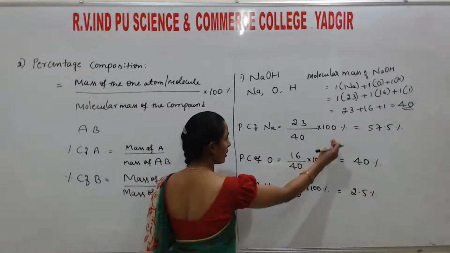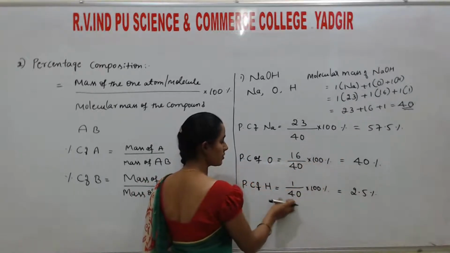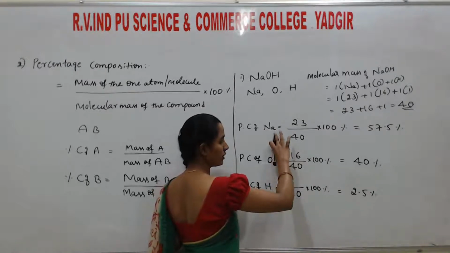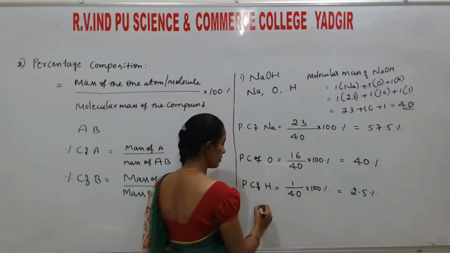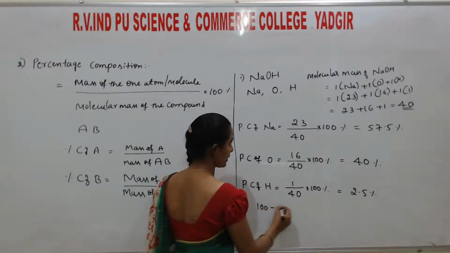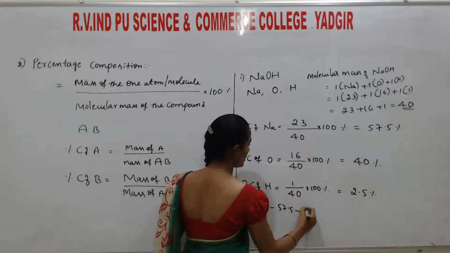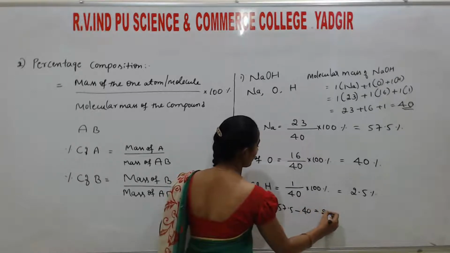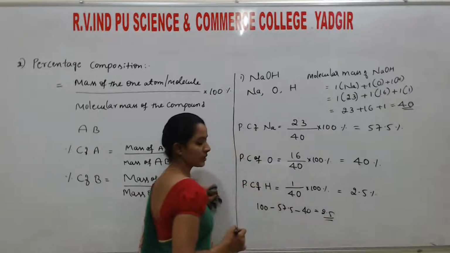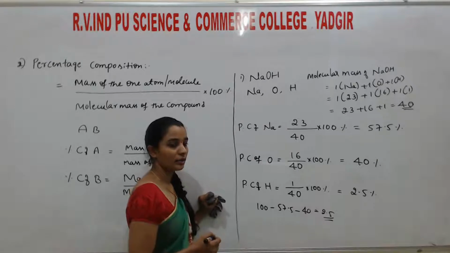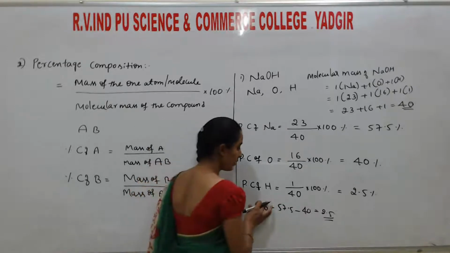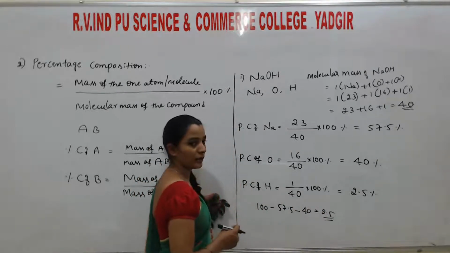We have Na, oxygen, and hydrogen. If you have only these two and you don't know the third, you just do 100 minus the sum of these two, 57.5 plus 40, and you will get 2.5. That is the percentage composition of hydrogen. You may add, you may subtract.